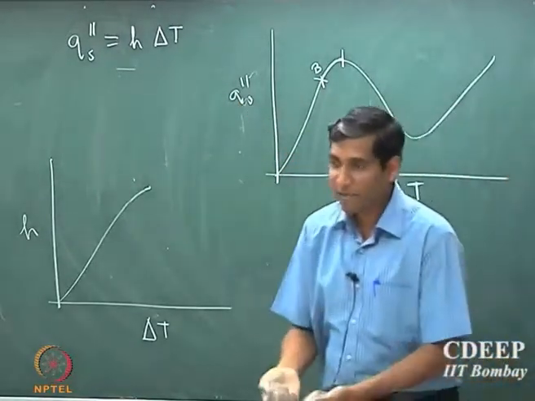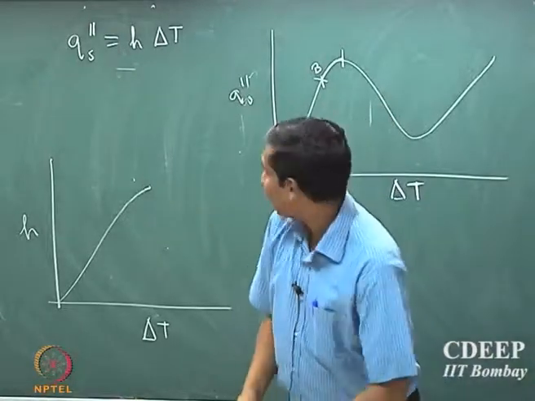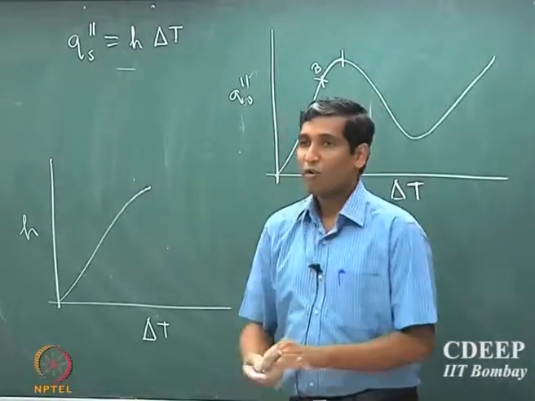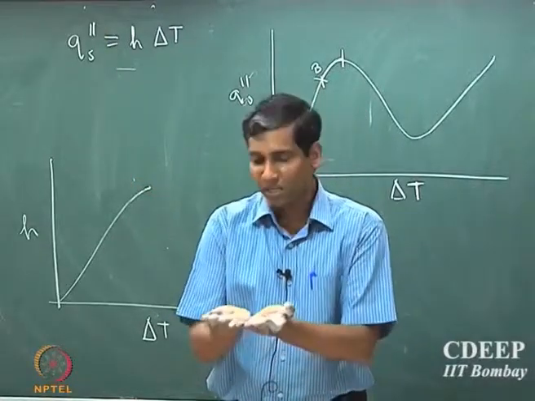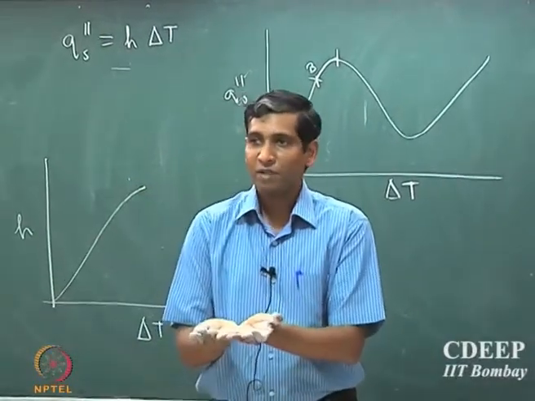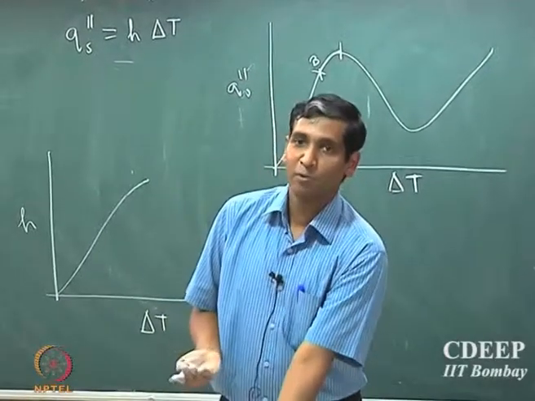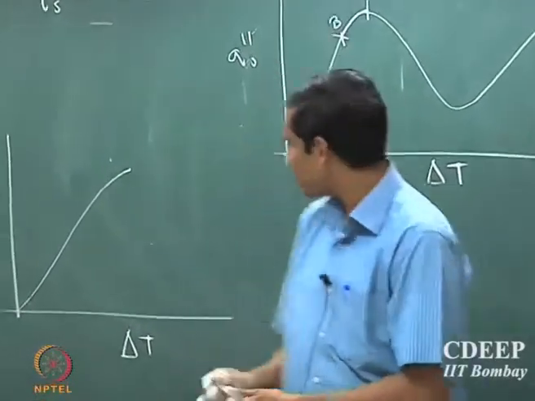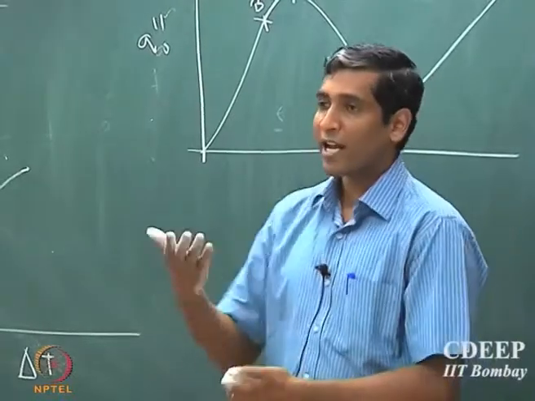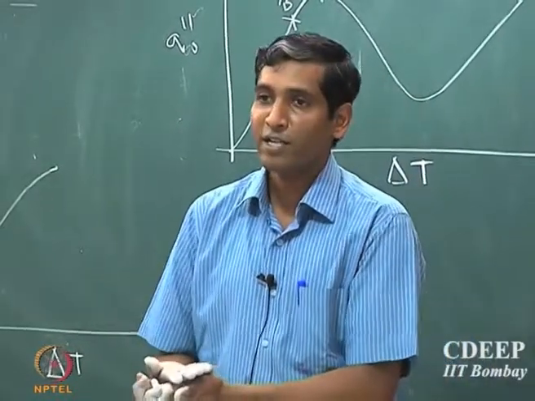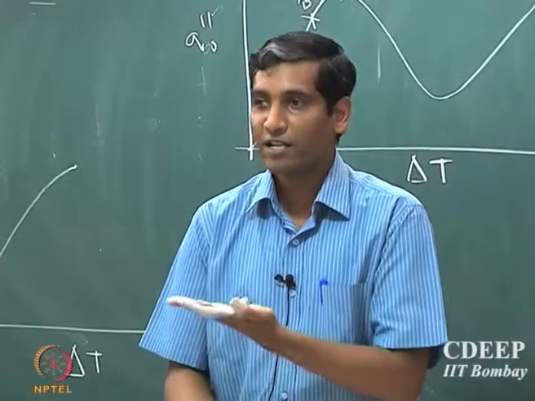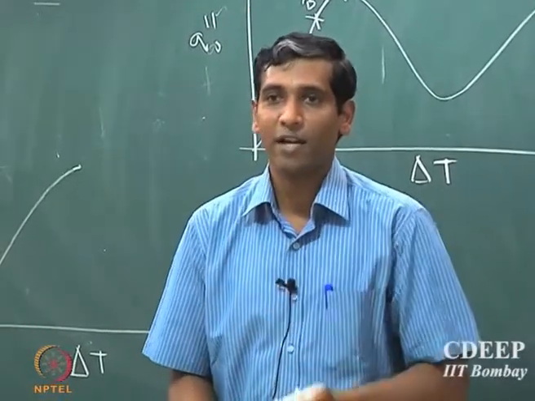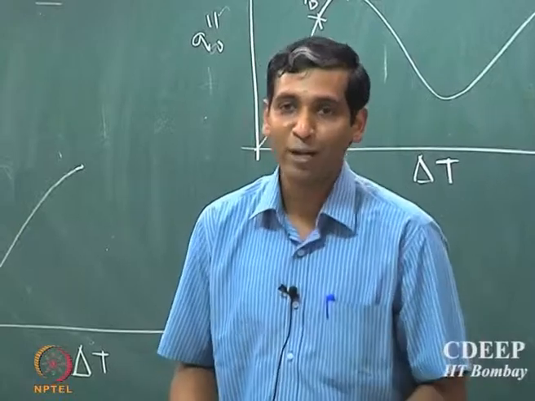So now there is a competition. The increase in flux is because of competition between the increase in the temperature difference and the decrease in the heat transport coefficient. The decrease is because the contact is not completely fluid, nor completely vapor; there is a mixture of both, so the net effect is that the extent of heat transport is going to reduce.